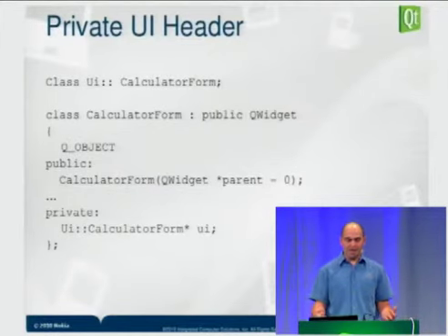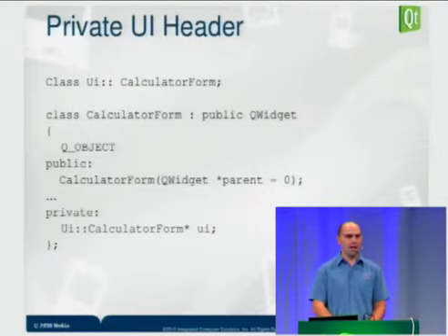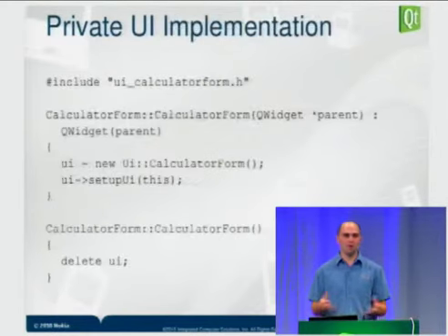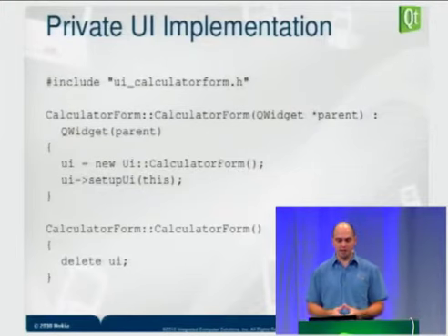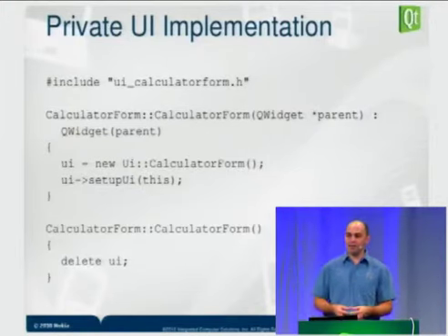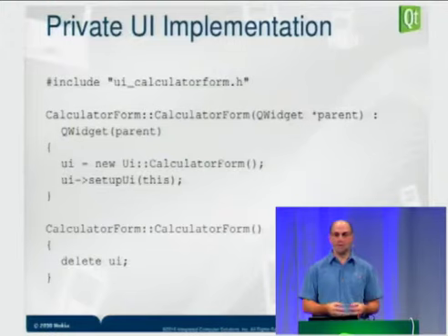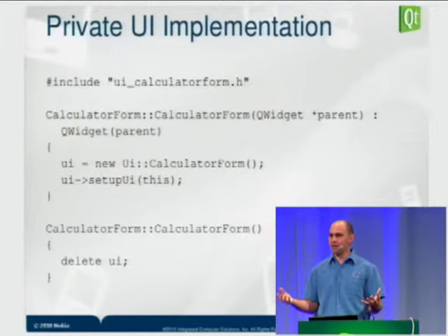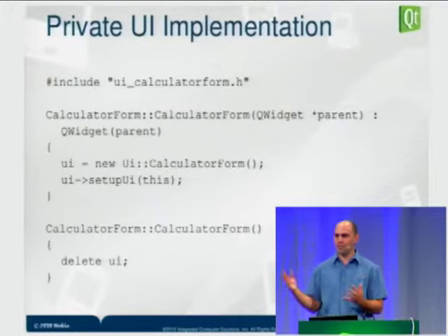So in our implementation, we make a new instance of CalculatorForm, and we call setupUi, as you normally would, no matter how you use designer. You've got to remember later in your destructor to delete that structure. And then you'll notice this header file is completely safe to ship in a library. You're not going to have to #include ui_ and some crazy name.